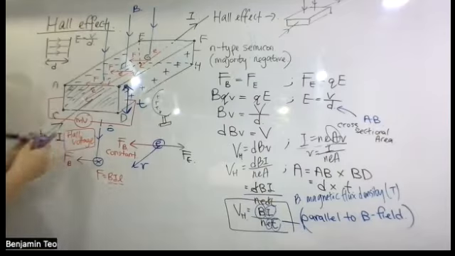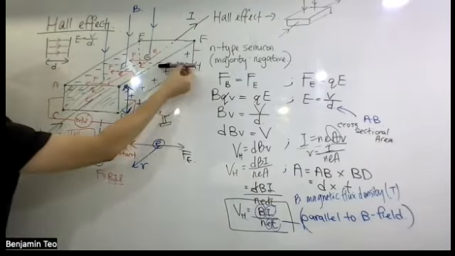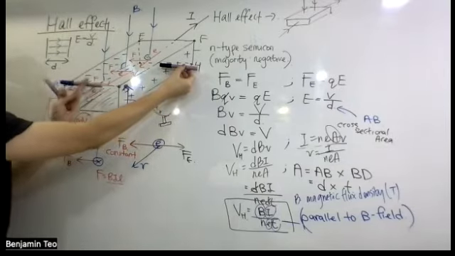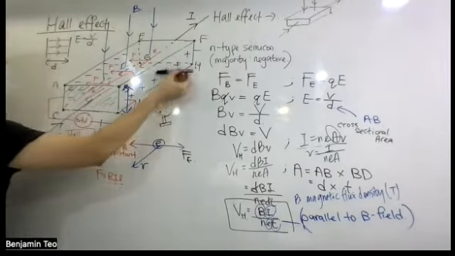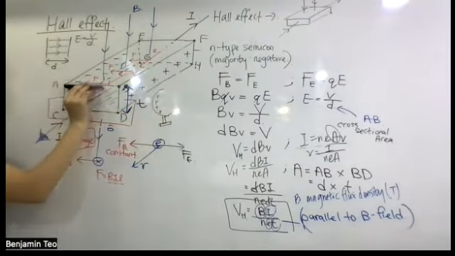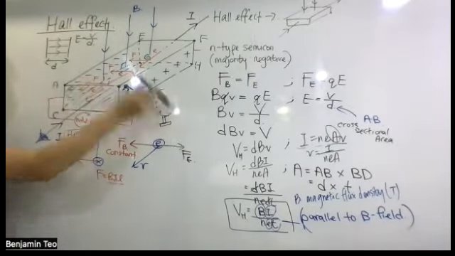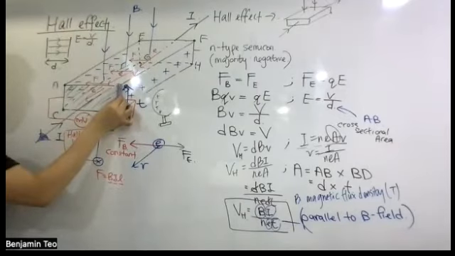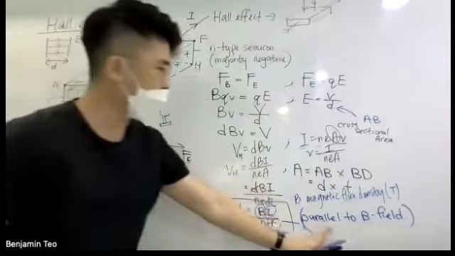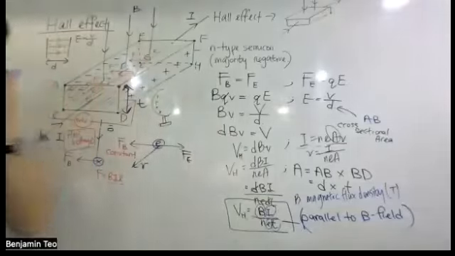If I change the magnetic field to come in this direction, your thickness is this AB. In this example, coming down, your thickness is this one. So we write here: parallel to the B field.